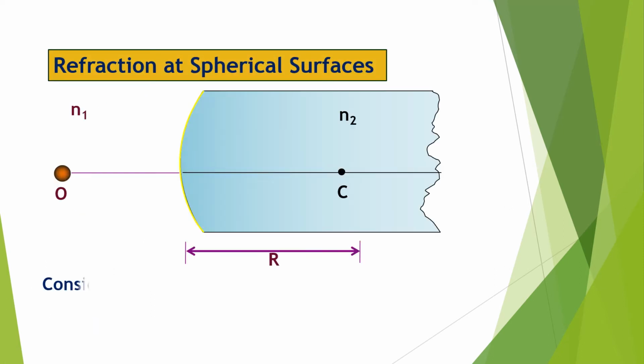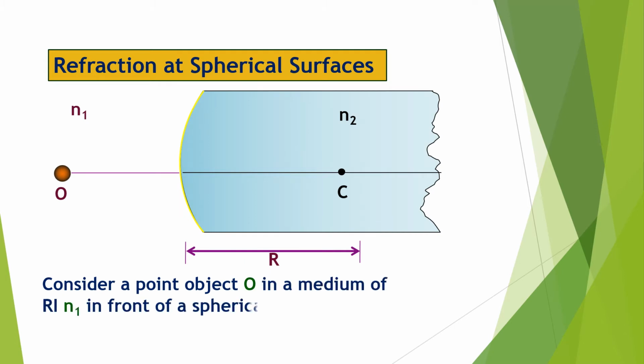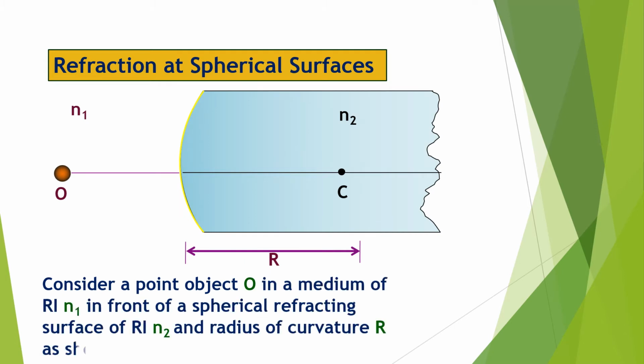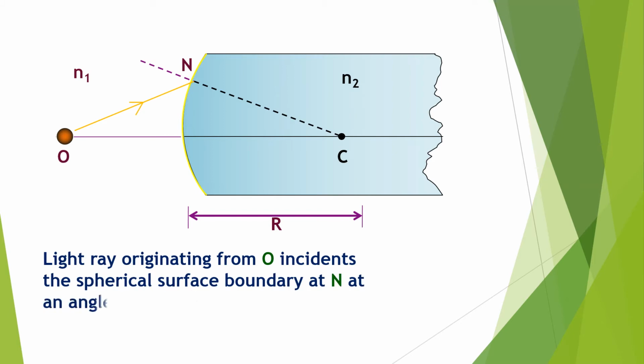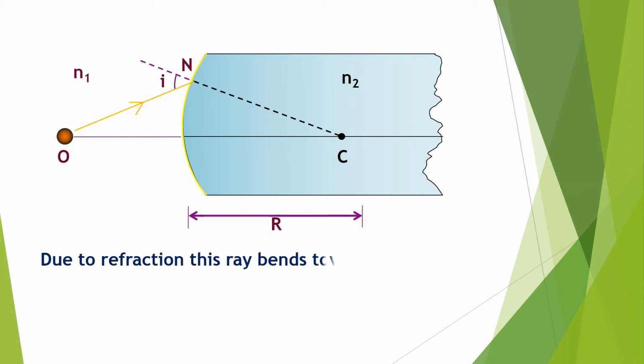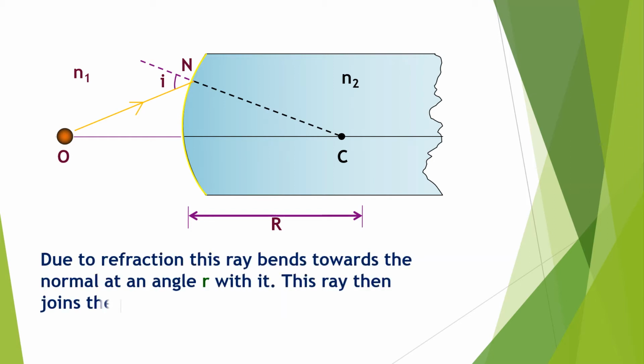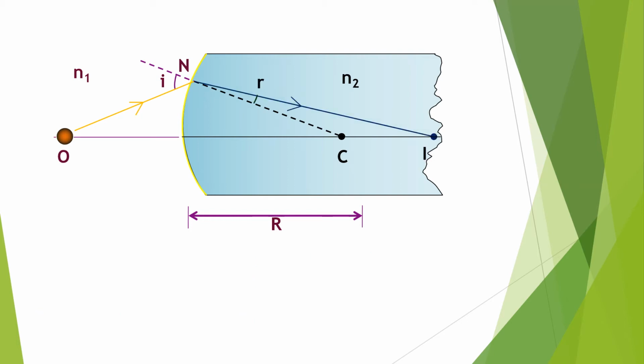Refraction at spherical surfaces. See, the point O is the object kept in a medium of refractive index n1, so n1 is the refractive index of the object space. The incident ray comes from that object and strikes at a point N on the refracting surface, making an angle i with the normal CN. Due to refraction, this ray bends towards the normal and an angle r is formed.